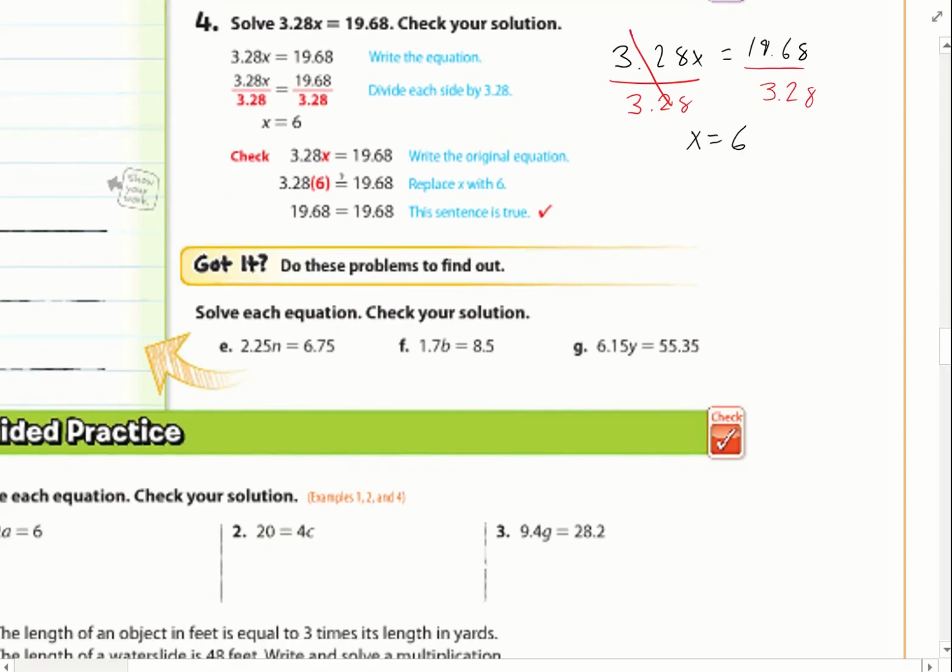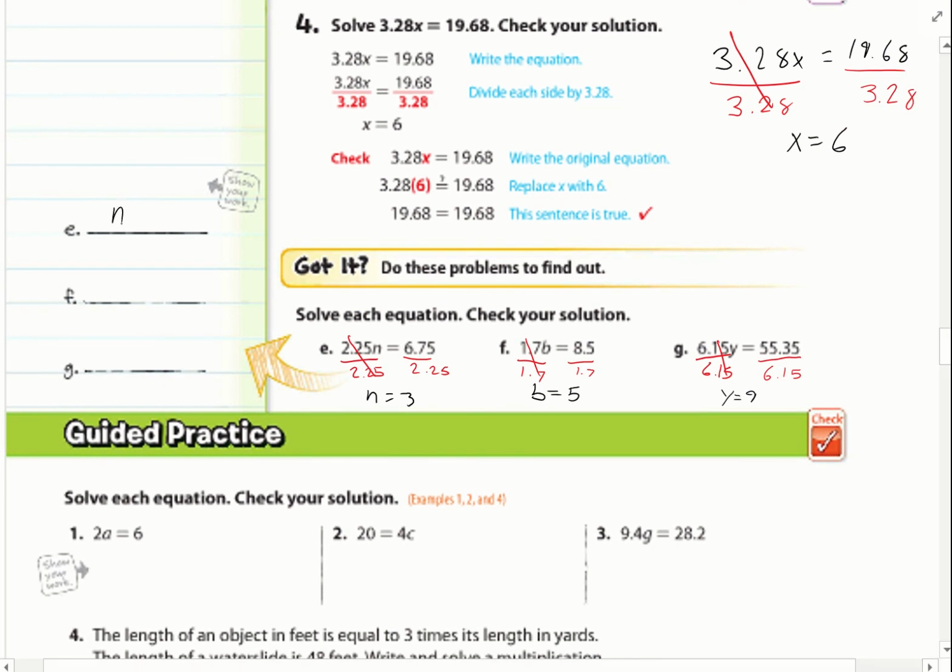Just inverse operations. So go ahead and try E, F, and G. So as long as your work looks like mine, we're just dividing the coefficient on both sides. So for E, we have n equals 3. For F, we have b equals 5. And for G, we have y equals 9.